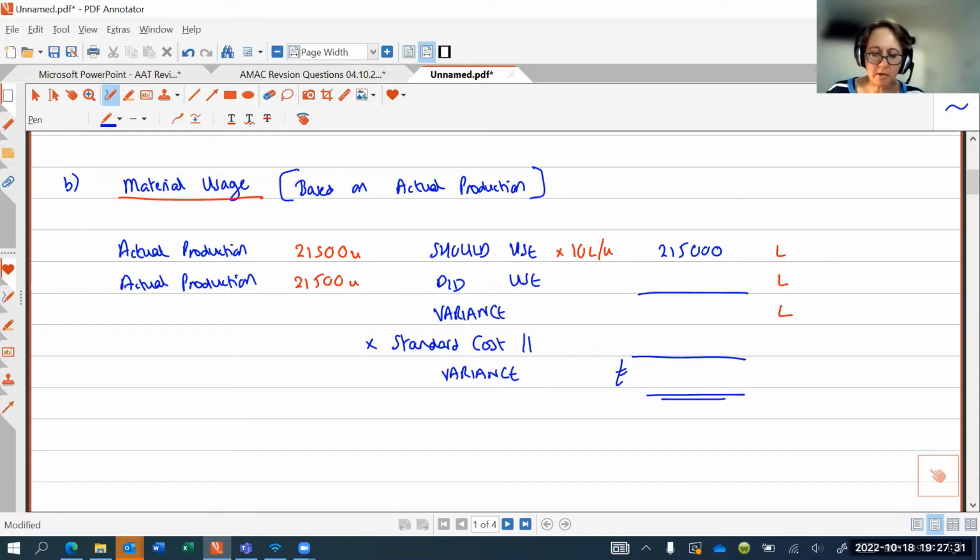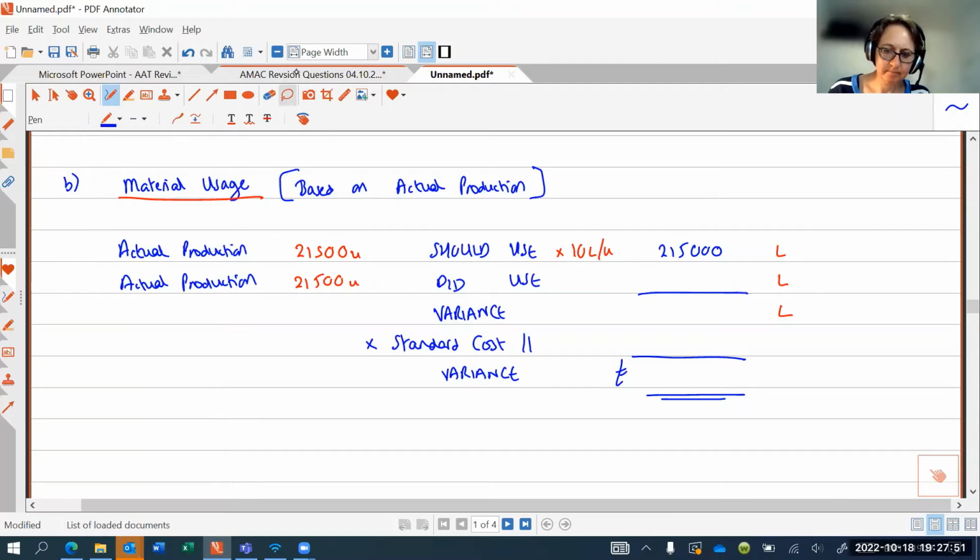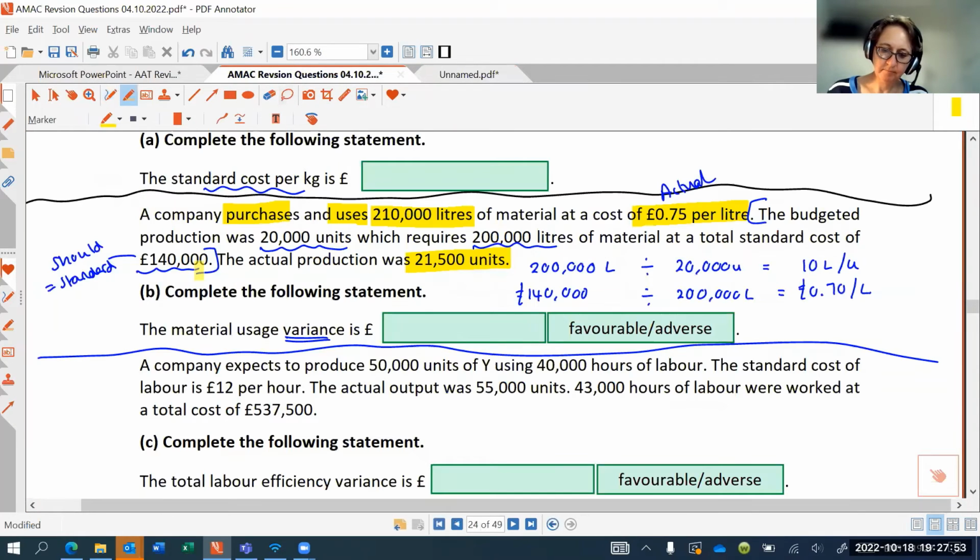With this sort of question, the question will tell me what I did use. Can you find that? How many litres did we actually use? And then maybe you can go on and tell me what the variance is in litres. How many did we use? Yeah, that's the one.